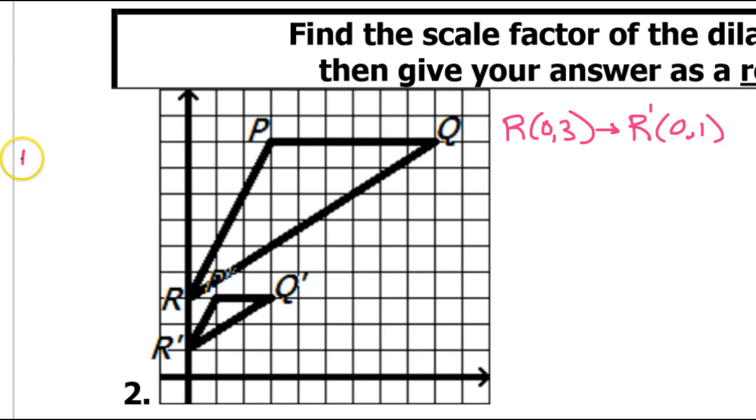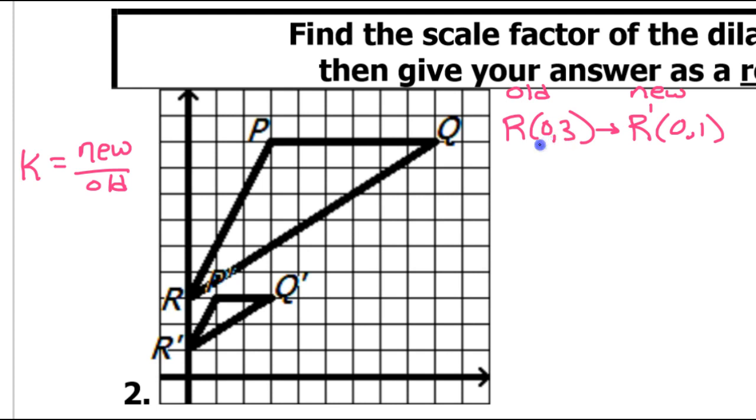Now, when we find the scale factor, which I represent by the letter K, we always have to do new over old. That's how you find the scale factor. The prime tells you which one is new. So R prime represents the new point, and therefore R is the old point.